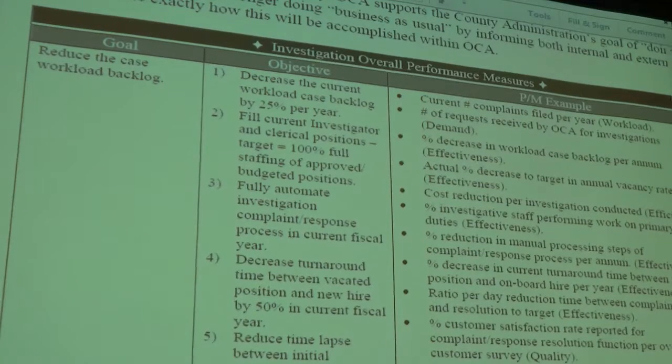We have the specific objectives: decrease current workload case backlog by 25% per year, fill current investigator and clerical positions, fully automate investigation complaints response, and reduce the processing time for initial complaint filing and complaint resolution.